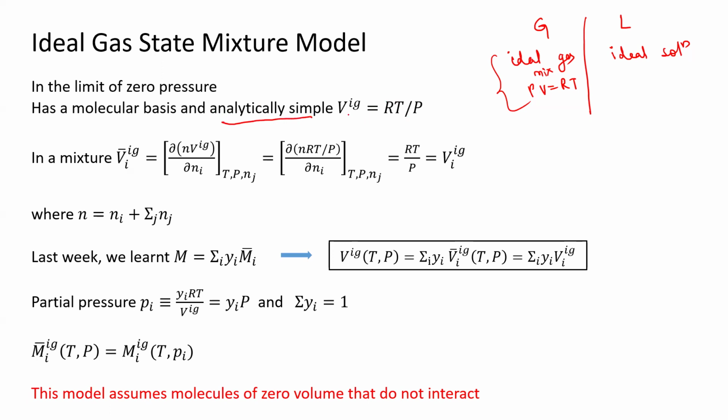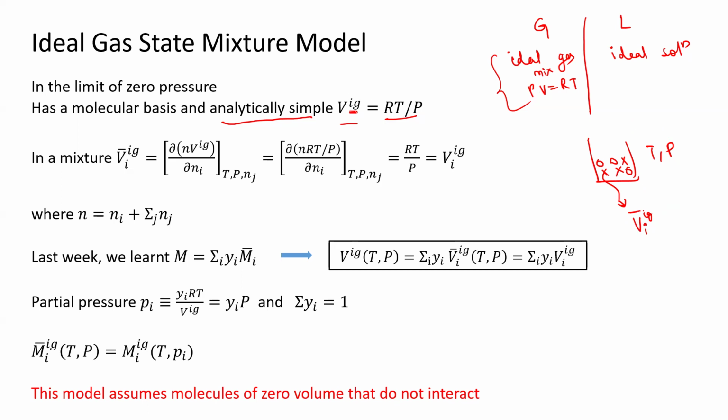So for an ideal gas mixture, V is RT by P, for the mixture at temperature and pressure T and P. For each component we have Vi IG bar, which is Mi bar, and IG denotes the ideal gas model. Later we will be discussing other models.